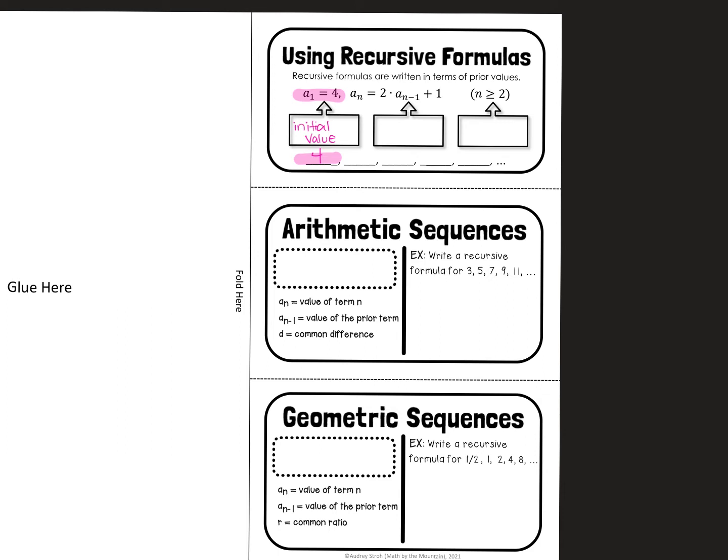Then I have a n equals 2 times a n minus 1 plus 1. These are my previous terms. These terms would be 9, 19, 39, and 79.